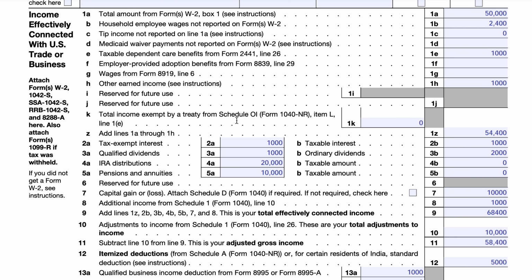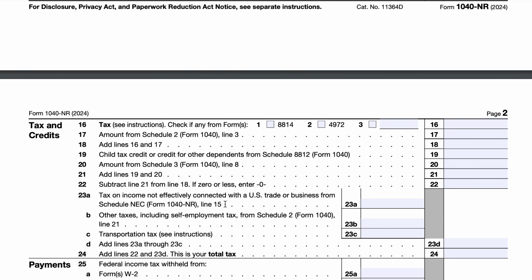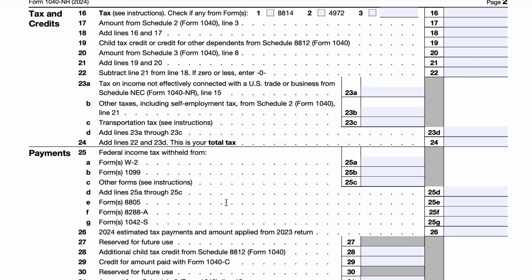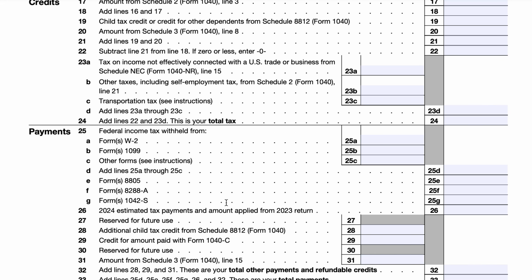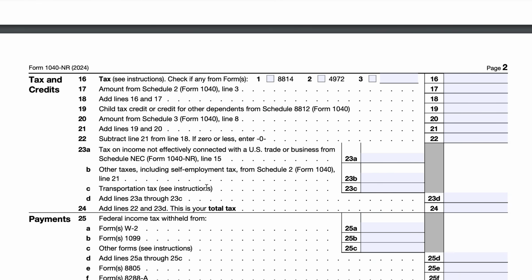In our next section, we'll talk specifically about how the tax and credits are calculated, then we'll go into a little bit of detail about the payments, and finally we'll wrap things up with whether or not you receive a refund, how much you owe, and all the signature information you should be aware of.